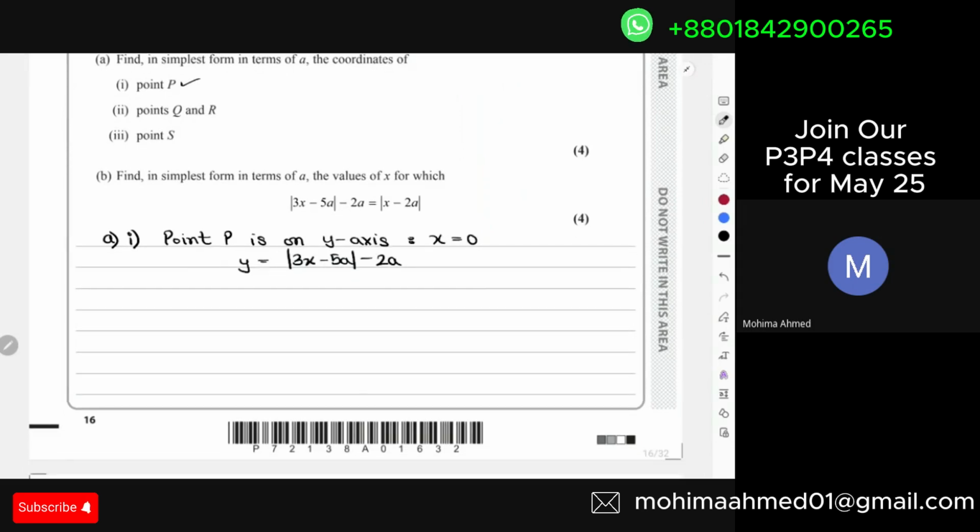We're not concerned about that. This 3 multiplied by 0 is entirely 0, and then we have the absolute value of minus 5a minus 2a. Anything inside the absolute value will always be positive, so 5a minus 2a is going to be 3a. So this is the value for your y.